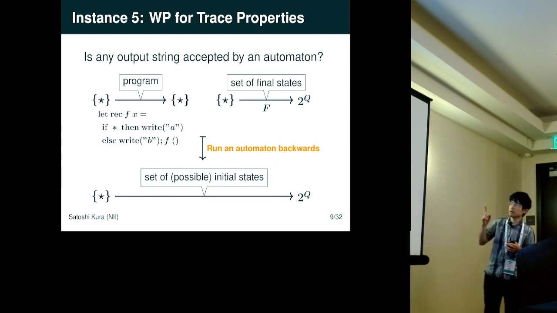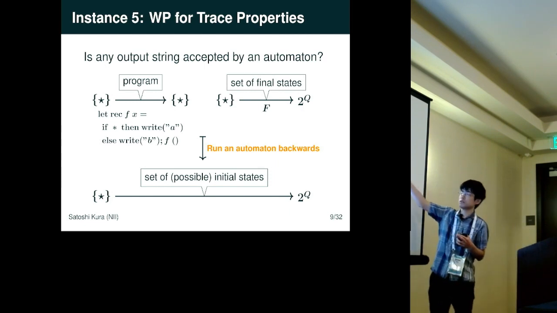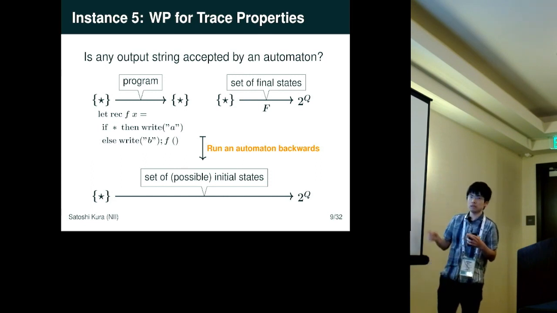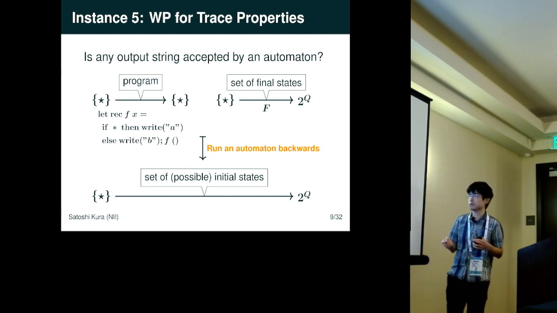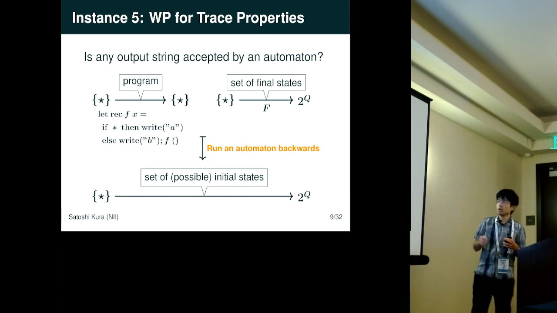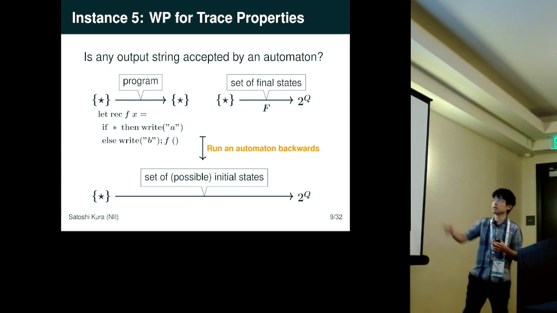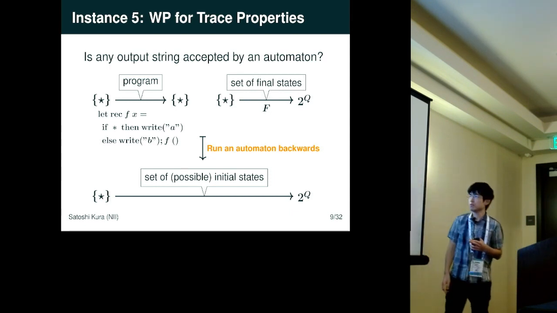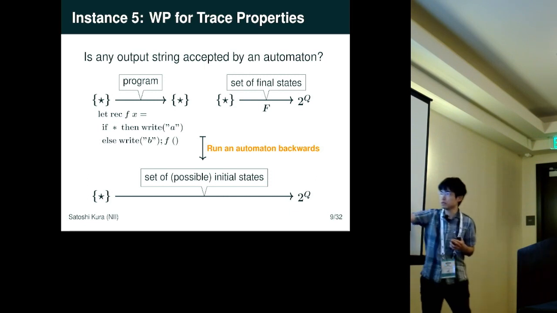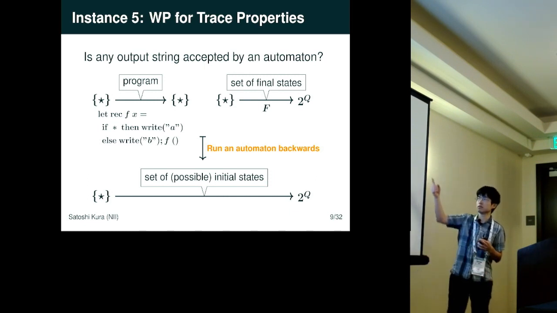In this case, we use a set of states of the finite automaton as a truth value. Then we can define the weakest precondition by considering backward runs of the finite automaton. This weakest precondition is useful for solving the current problem because we can compute the set of possible initial states from a set of final states.